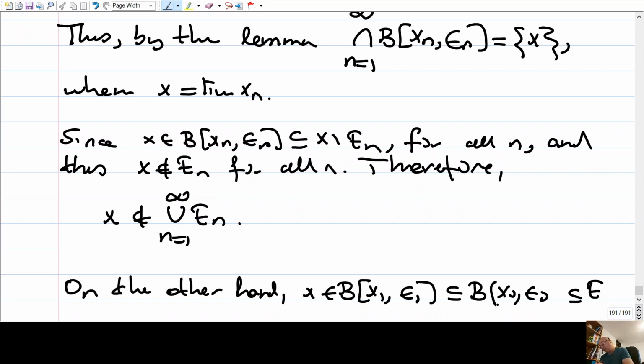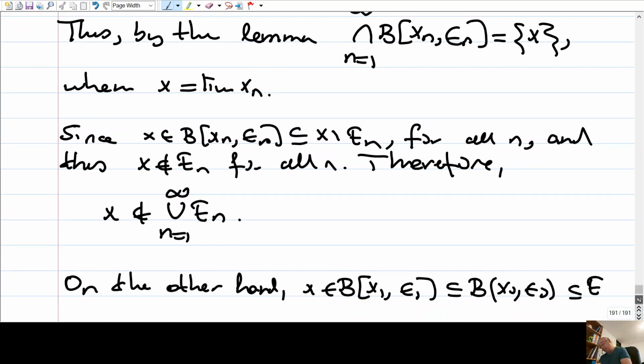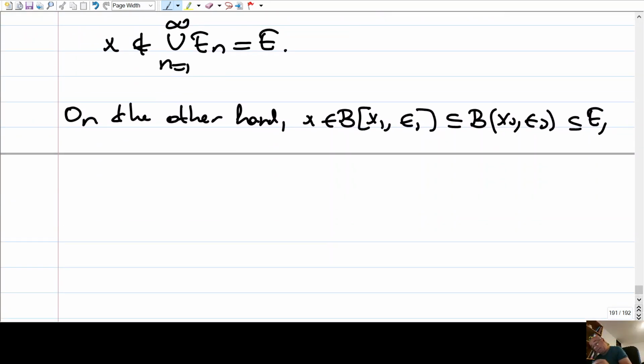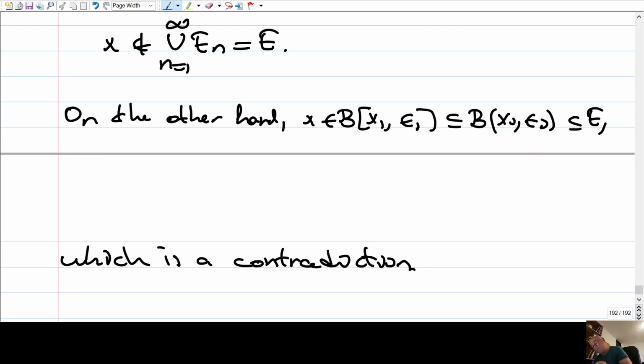Here I have open. So we have this, right? This union is equal to E. x is not in this union, but here x is in that union, which is a contradiction. Okay, it's a contradiction.